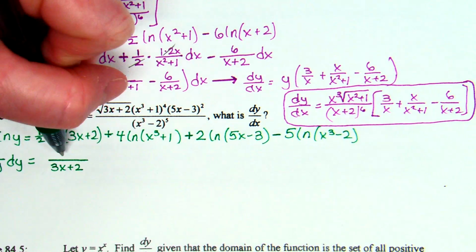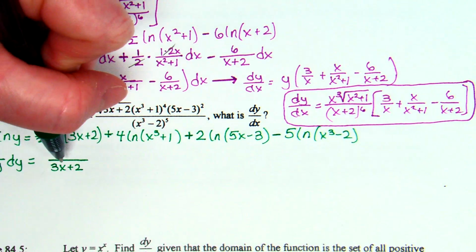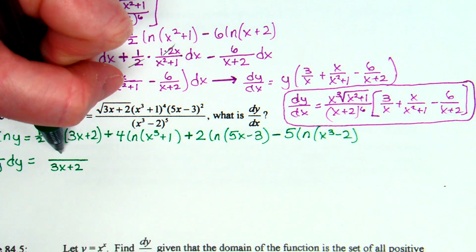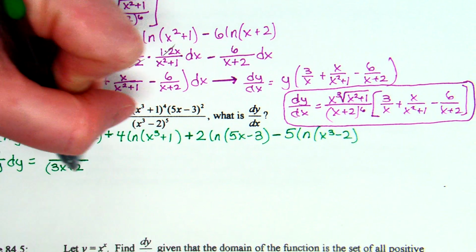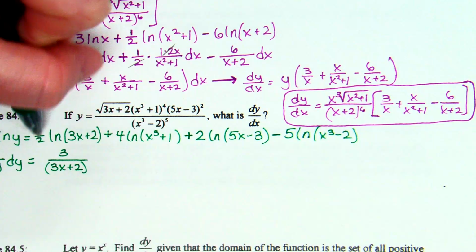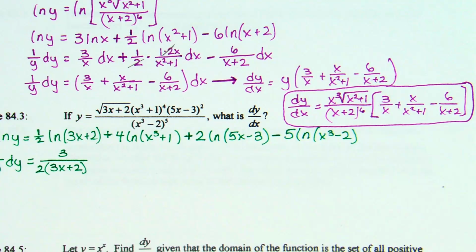But it's going to be times the derivative of 3x plus 2. What's the derivative of 3x plus 2? 3. So I'm going to put a 3 out on top. And what also has to be in the denominator? 1/2. There's that 1/2 out front. So I'm going to multiply that 2 by my denominator. You can write it as 2 times 3x plus 2, or you can write it as 6x plus 4. Whatever makes you happy.